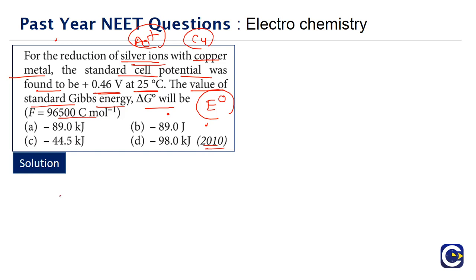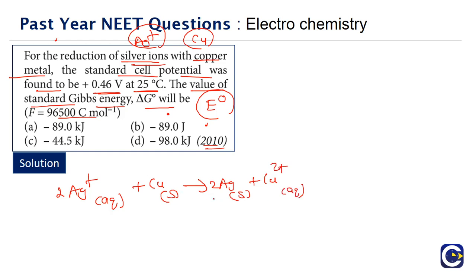So if you look at this reaction, what will be the reaction? The Ag+ aqueous will be reduced to silver, and copper will undergo the oxidation.